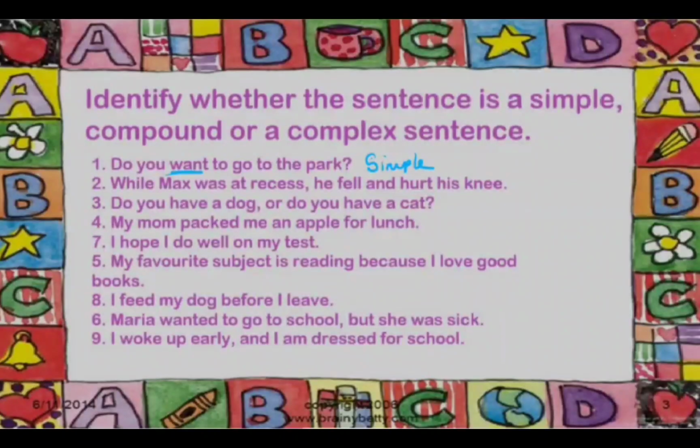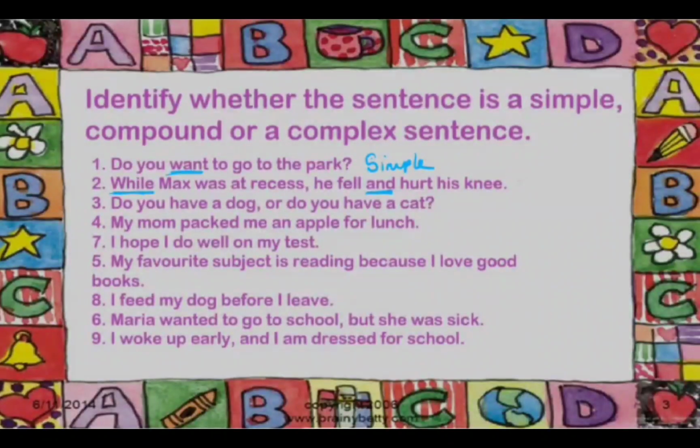While Max was at recess, he fell and hurt his knee. So children, we have while, which is a subordinating conjunction, and at the same time we have and as well. So we have a subordinating conjunction and a coordinating conjunction.